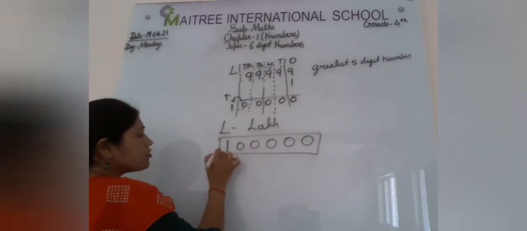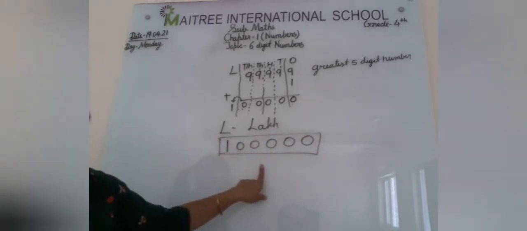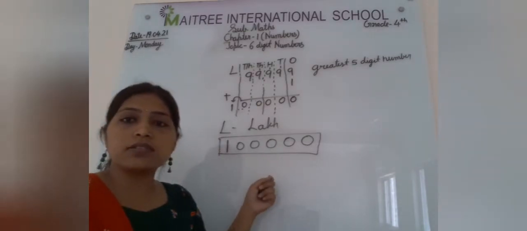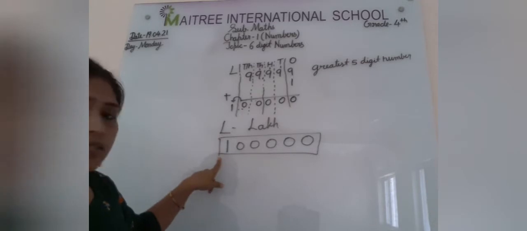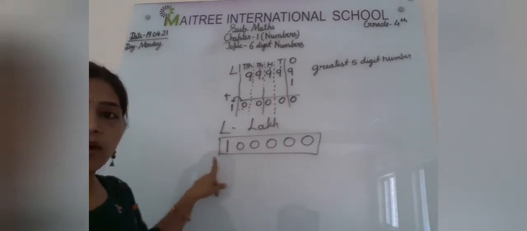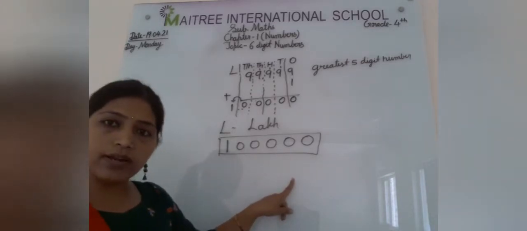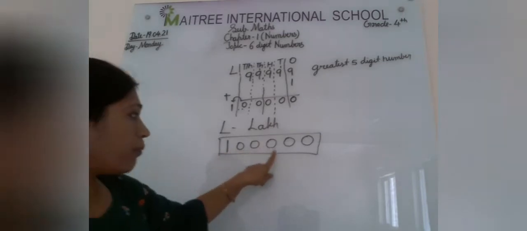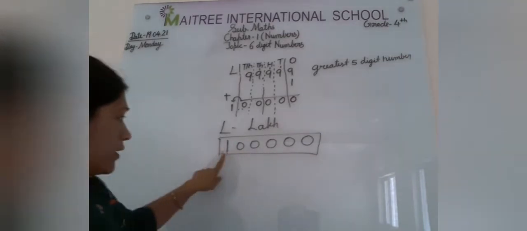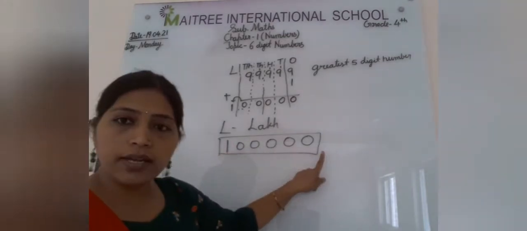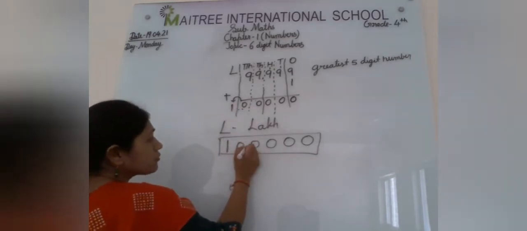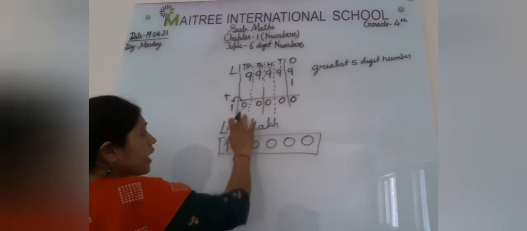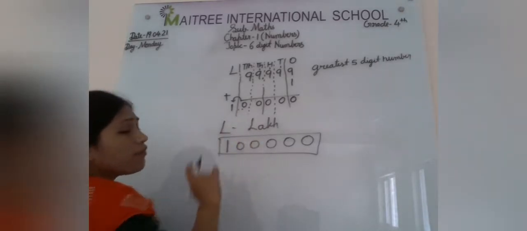1 lakh. Which number is it? 1 lakh, or you can say the smallest 6-digit number, because you start the 6-digit numbers from this number. And how will we write 1 lakh? 1 is followed by 5 zeros. Or you can say that 10 times 10,000 makes 1 lakh.